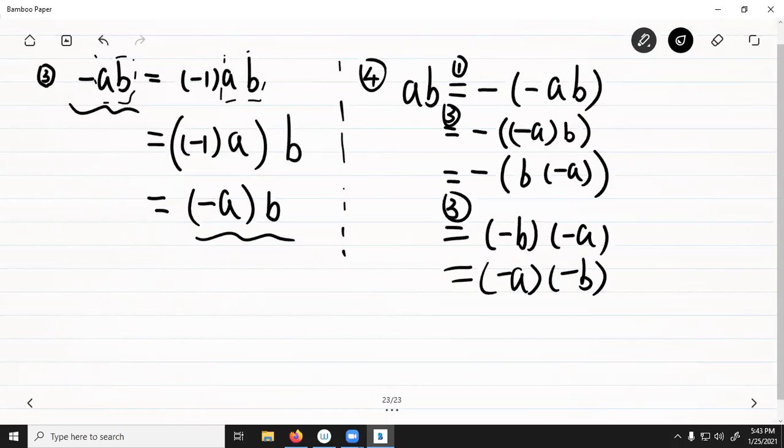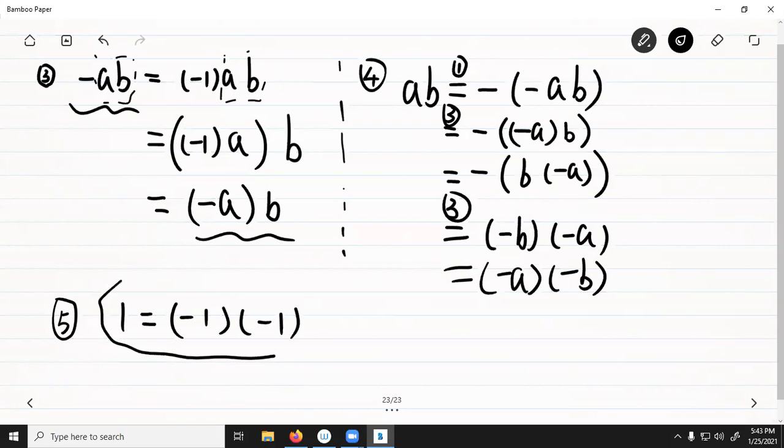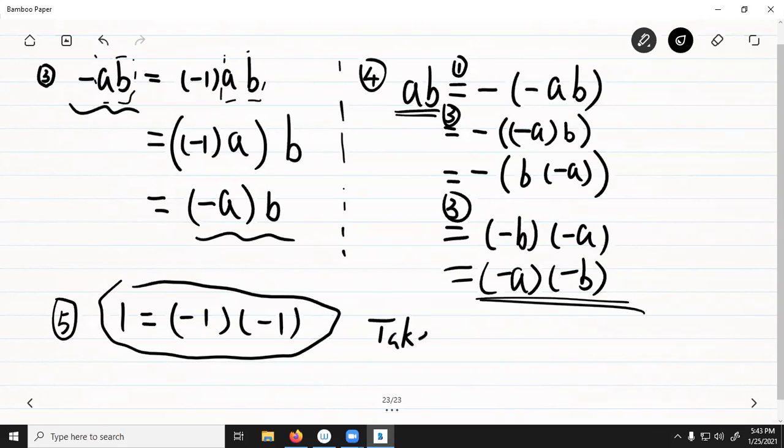Number 5: we want to prove that 1 is equal to negative 1 times negative 1. How to prove that? We already have this result, A times B equals negative A times negative B. So now we just take A equals B equals 1 in result 4.